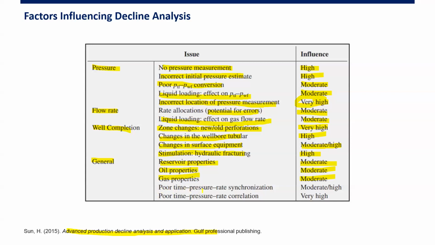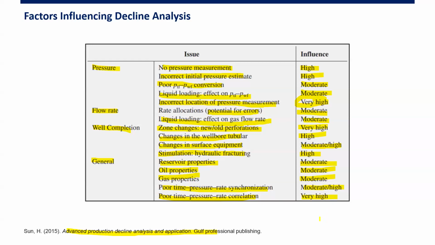And then poor time pressure rate synchronization can be moderate, can be high, but if you have poor time pressure rate correlation, of course it will give you very high disturbance, very high influence on your decline analysis. So basically, if you have poor time pressure rate correlation, it's like you have unstable operation.